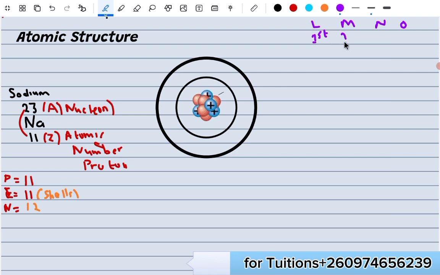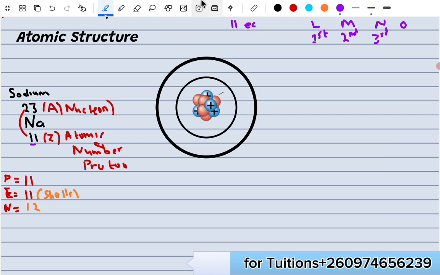This is the second shell. This is the third shell. And that will be the fourth shell. Looking at sodium here, once you see that the number down is 11, it has got 11 electrons.